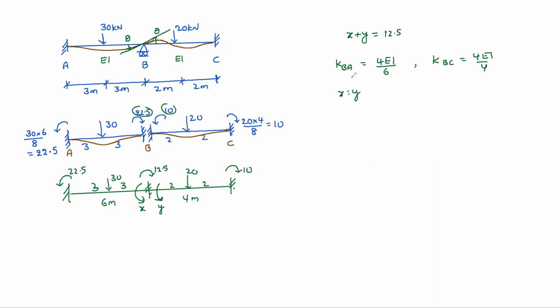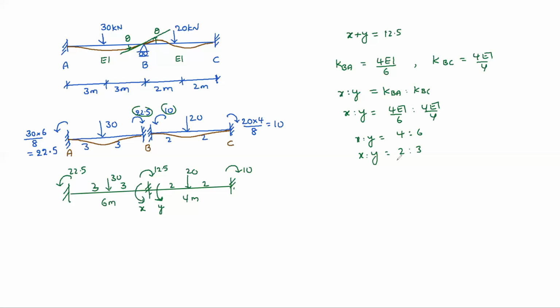So x is to y must be equal to KBA is to KBC. That means x is to y equal to 4EI by 6 is to 4EI by 4. That is actually 4 is to 6, right? Or 2 is to 3.